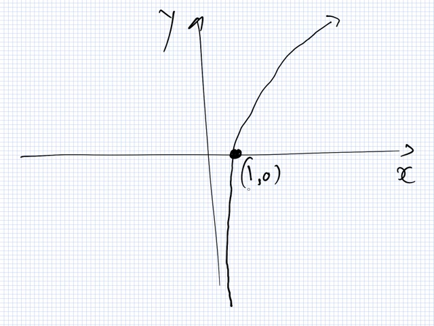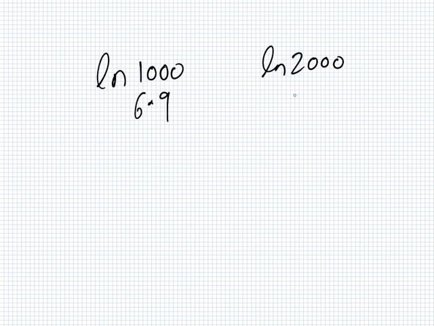Compare that to the exponential we did yesterday. The exponential increases very fast, whereas this graph is fast at the beginning, but only at the beginning, and later it changes very slowly. Let me give you a good example. If you calculate ln 1000 and ln 2000, can you give me those values, please? 6.9 and 7.6.